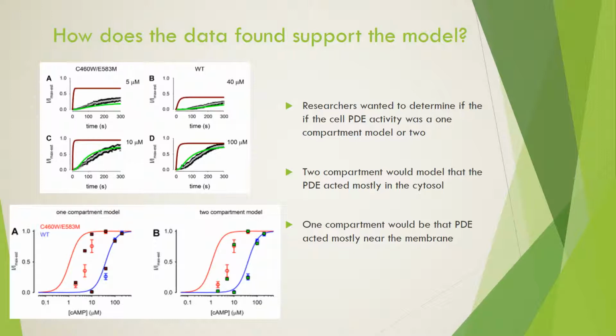And this black line is the data that they found based on the certain cell conditions, because they wanted to determine if the cell PDE activity was a one compartment model or two, because a two compartment model would model that the PDE acted mostly in the cytosol, and that one compartment would be that PDE acted mostly near the membrane.